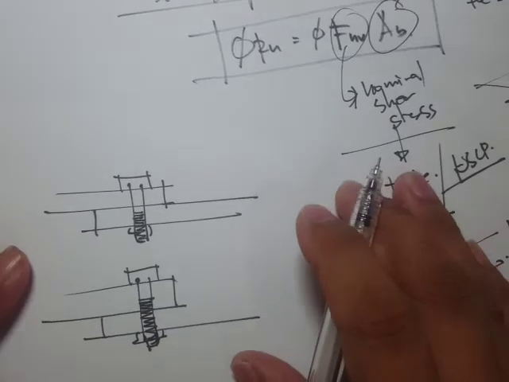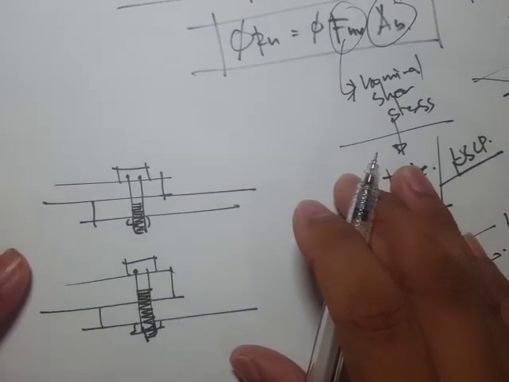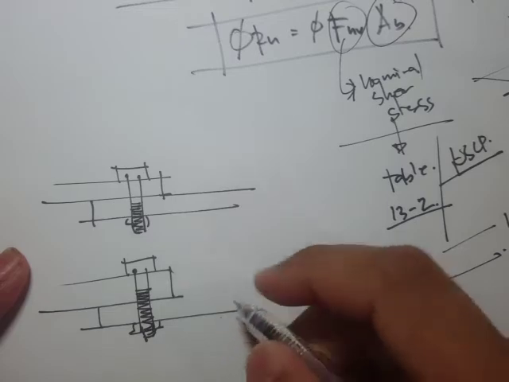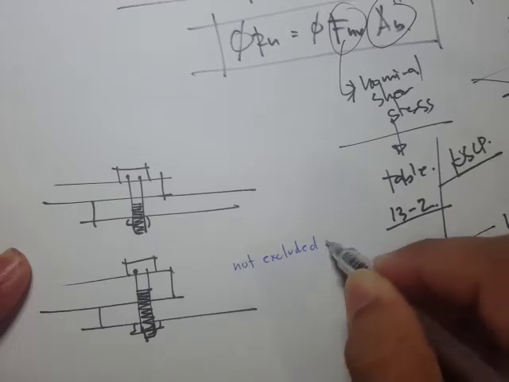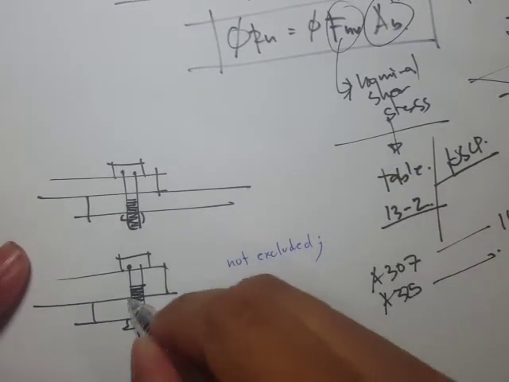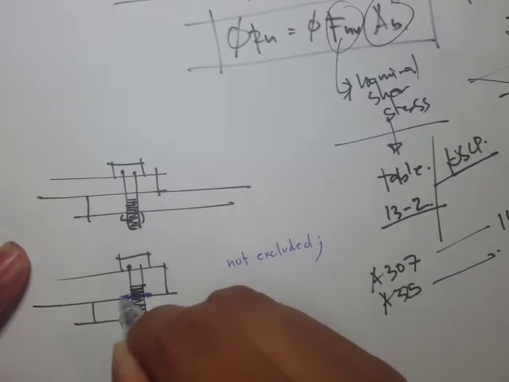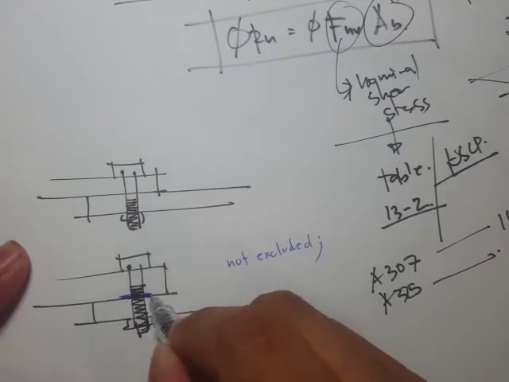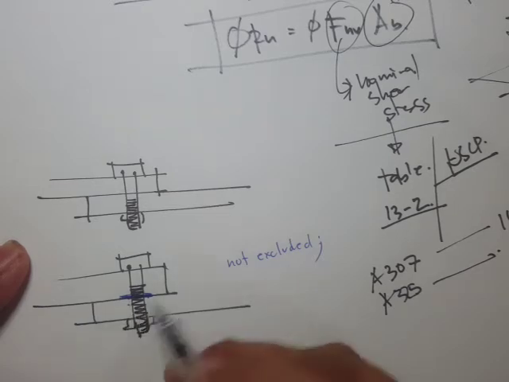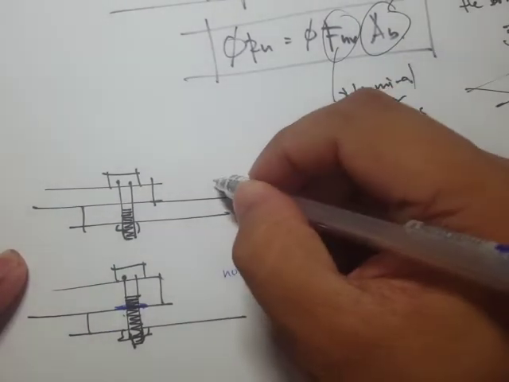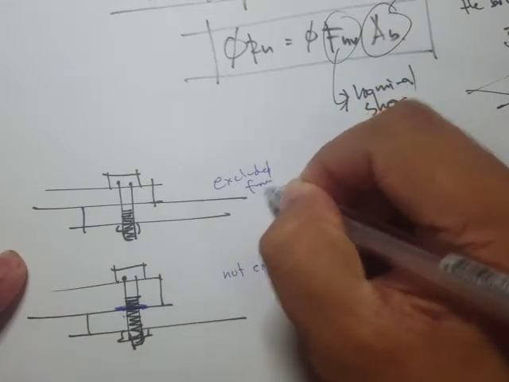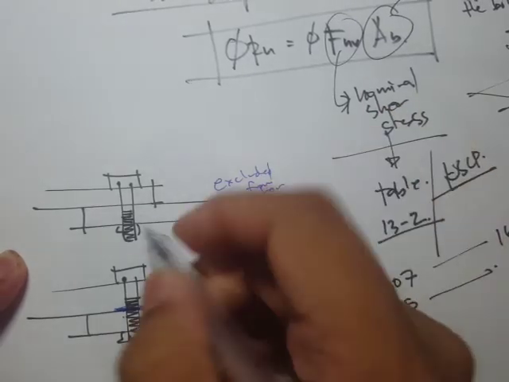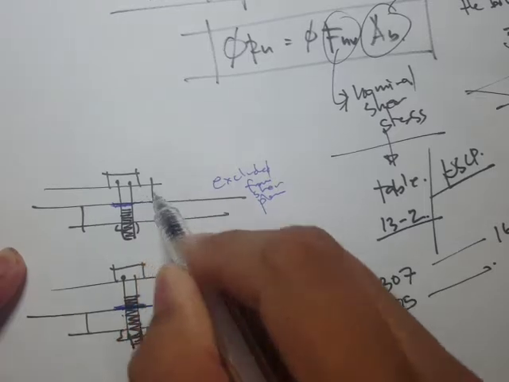When you say threads are not excluded, it means the threads are included in this shearing plane. Whereas this one is excluded from shear planes.